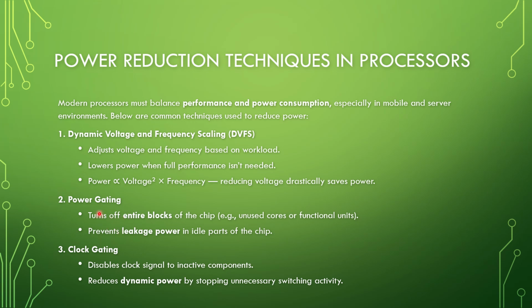Turning off entire blocks of the chip, that is an unused core or functional unit, is known as power gating. It prevents leakage power in the idle part of the chip. Next one, clock gating. Similarly, we disable the clock signal to inactive components. Here also we can reduce the dynamic power by stopping unnecessary switching activity.